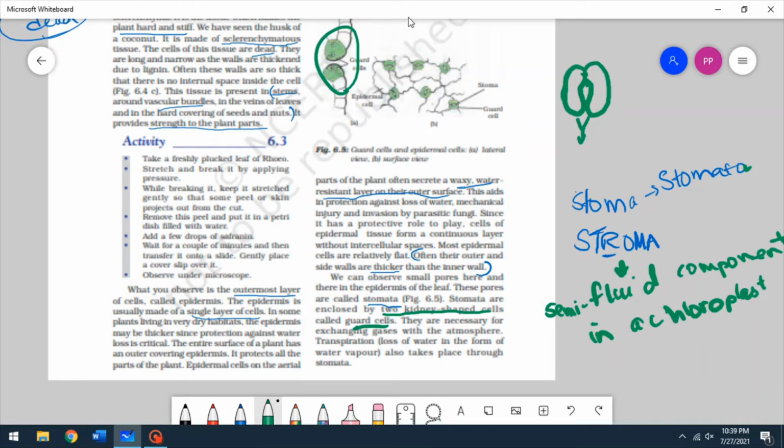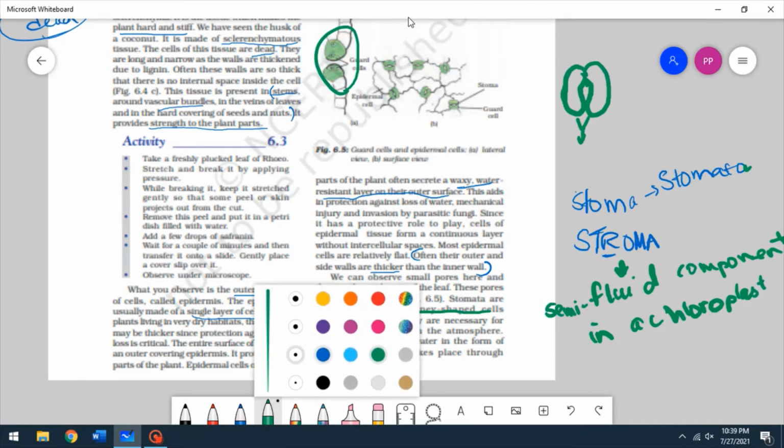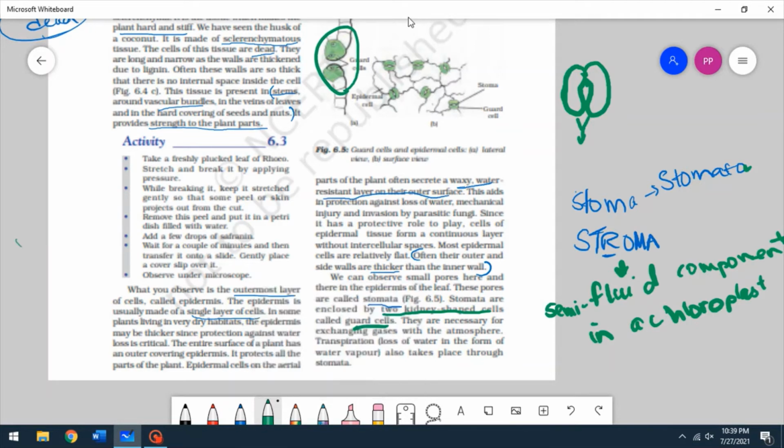Transpiration also takes place through the stomata. Transpiration, the definition would be the loss of water from the aerial parts of the plant. So a more concise definition for transpiration would be loss of water in the form of water vapor through the aerial parts of the plant.